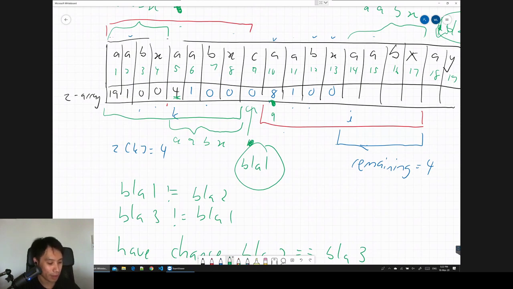Let's change it to 1. Blah 1 is not the same as blah 2. Blah 1 is not the same as blah 3. But can blah 2 be the same as blah 3? Maybe.